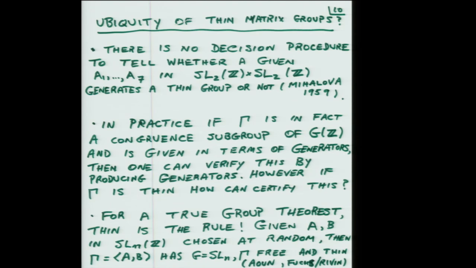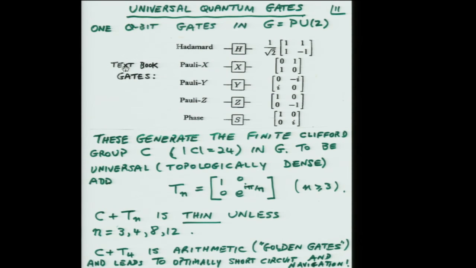But groups are not chosen by choosing random generators unless you're really a group theorist. I want to give you an example where, if you open any quantum computation book and become very interested in this, you'll see 2x2 matrices with names on them. Hadamard matrix, Pauli matrix. The group generated by these is what's called the Clifford group, which you're probably familiar with. It's a finite index subgroup of the projective unitary group.